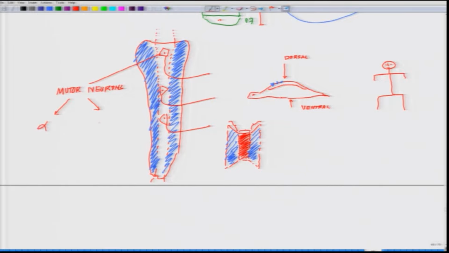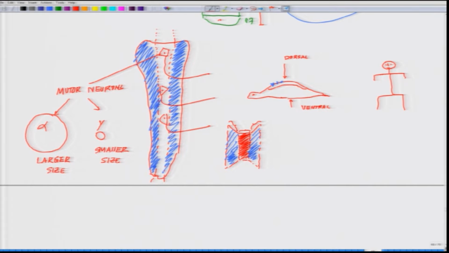There will be the alpha or there will be gamma. The differentiation does not happen so early in the embryonic phase, but it happens in the adult. But the alpha are the biggest ones, and the gamma are the smaller ones. These are smaller size, these are larger size.